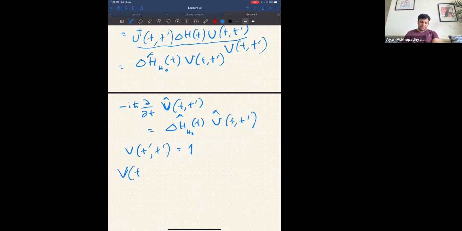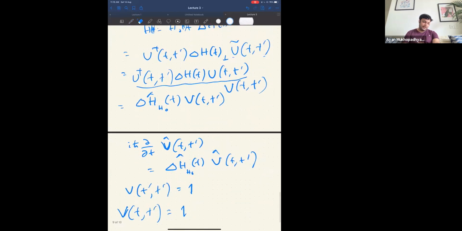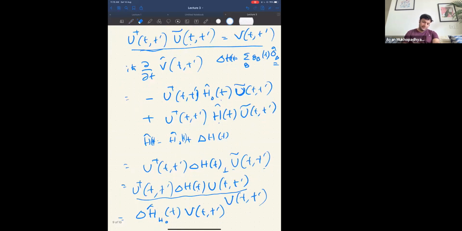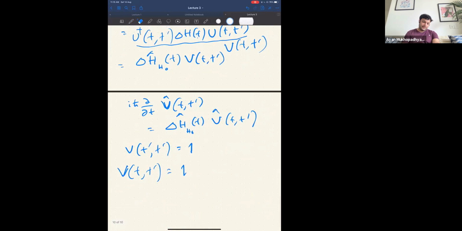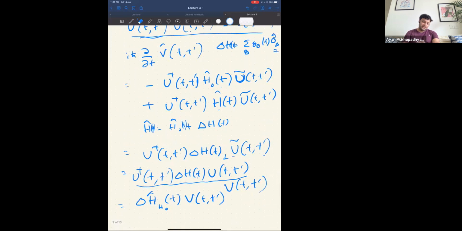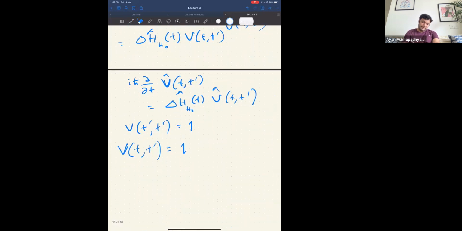So V(T, T prime) would be equal to identity minus, sorry, this was i over h bar, and I just wrote an extra minus sign.